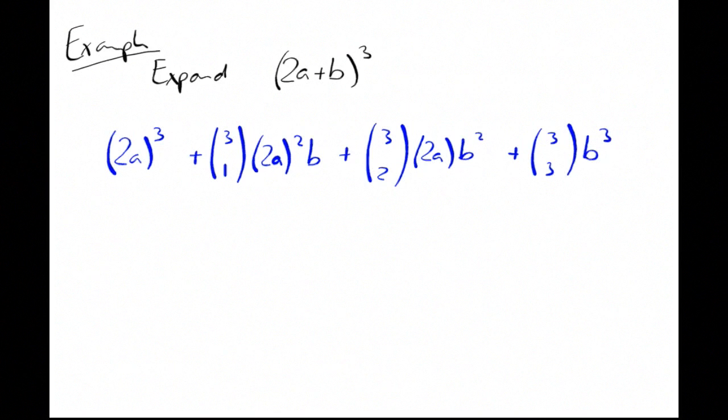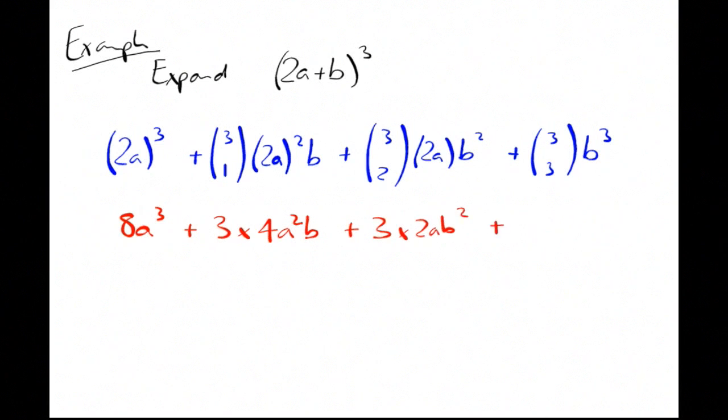So the 2a's disappeared at this stage. 2a cubed is just going to be 8a cubed. 3 choose 1 is just 3, so that's 3 times 4a squared times b. 3C2 is going to be 3 times 2a times b squared, and 3C3 is just going to be 1. So we get times b cubed.